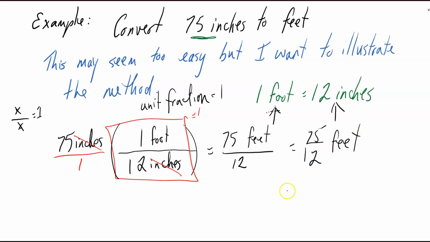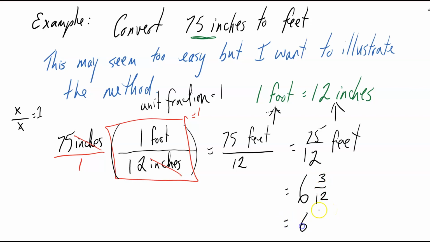Well, does 12 go into 75 evenly? No. So 12 goes into 75 6 times. 6 times 12 is 72, and so there are 3 left over. 6 feet and 3 inches.